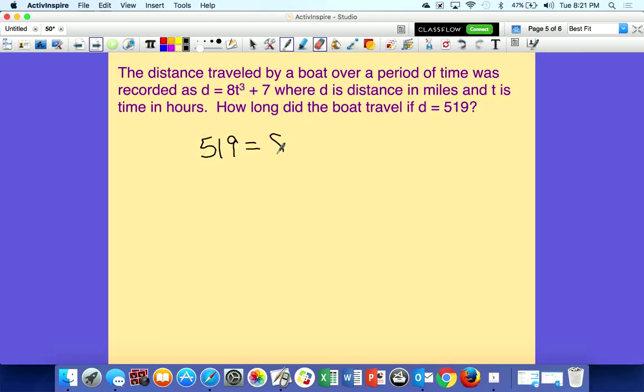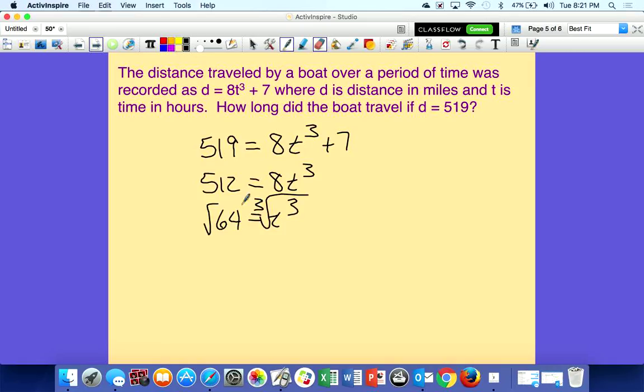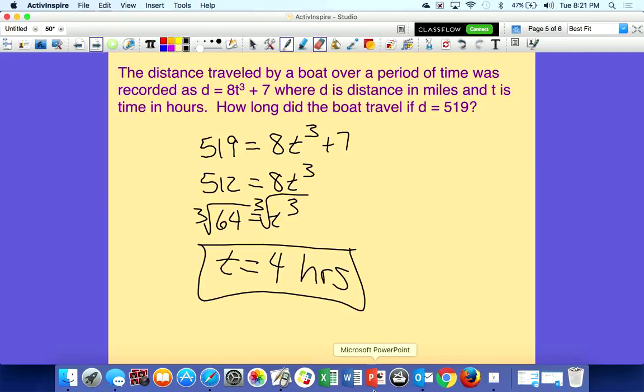So why wouldn't you just continue to do that? Alright, we'd subtract 7, so 512 equals 8t cubed, divided by 8, we get 64 equals t cubed, take the cube root, and t has to equal 4, and then remember your label on it, so 4 hours.